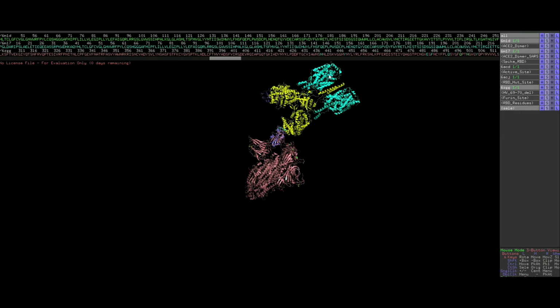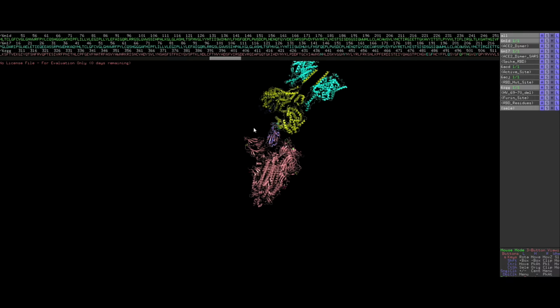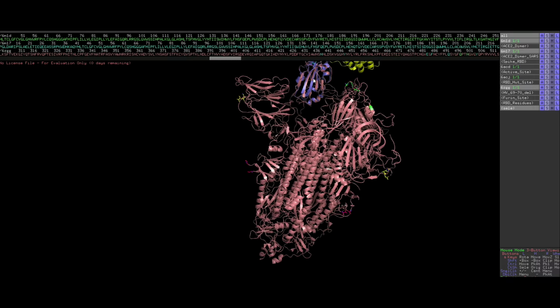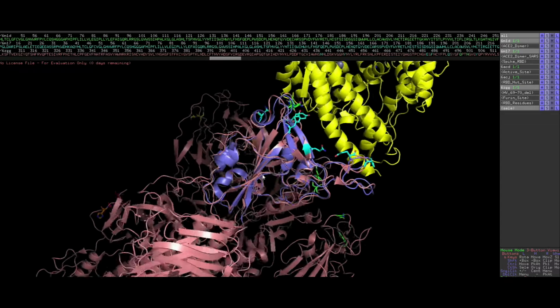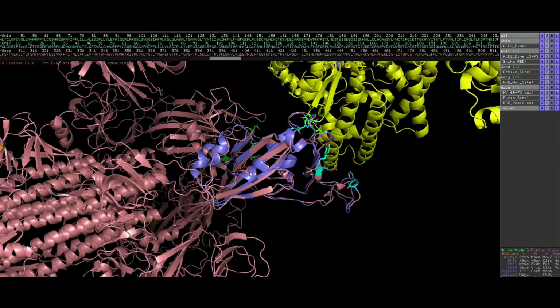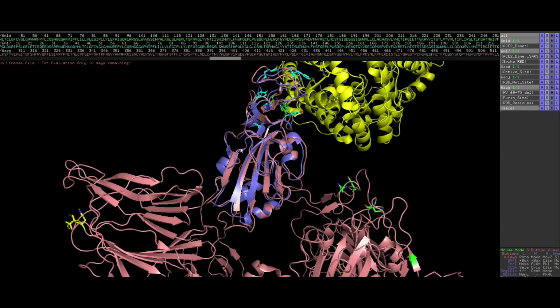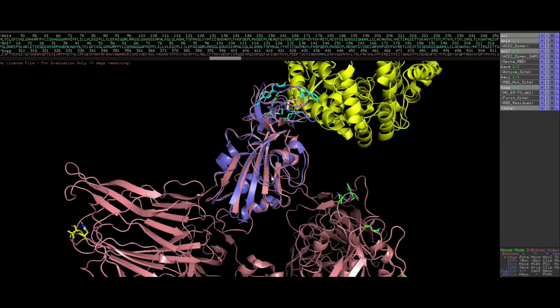Then this yellow and cyan up here is the human ACE2 receptor. Up here, overlapping with the purple, is the receptor binding domain.